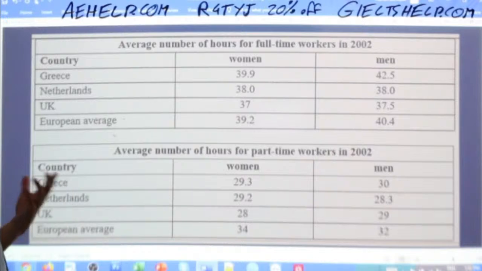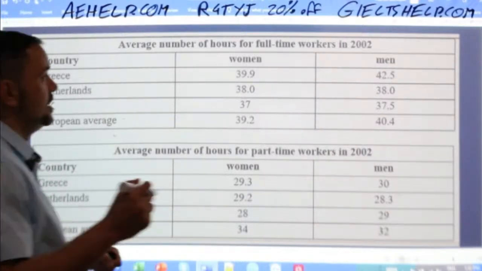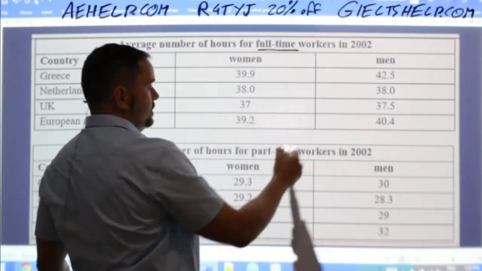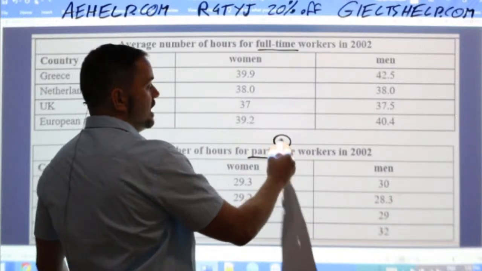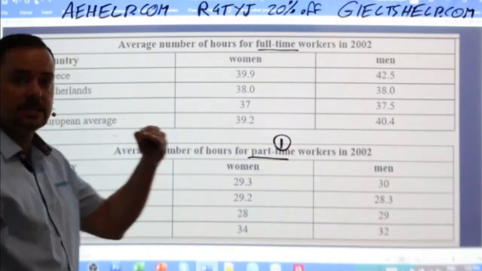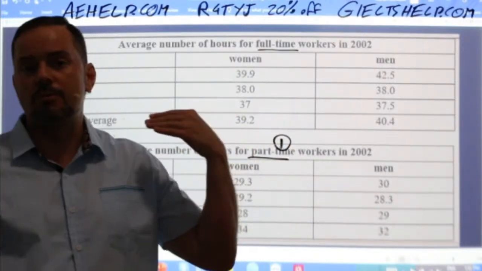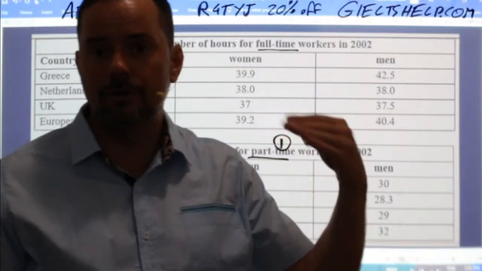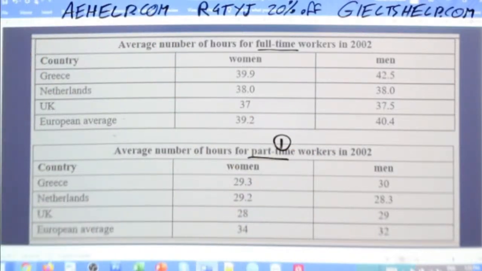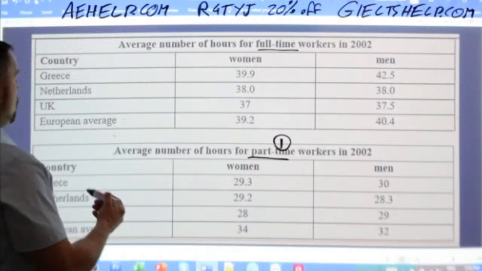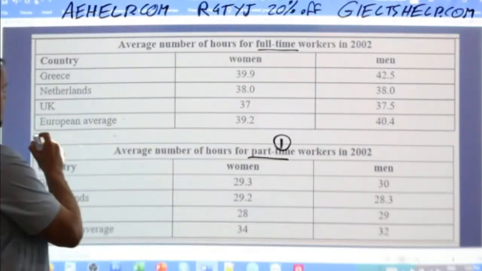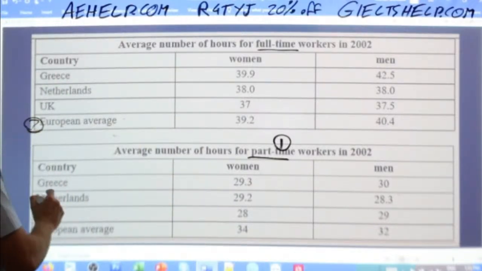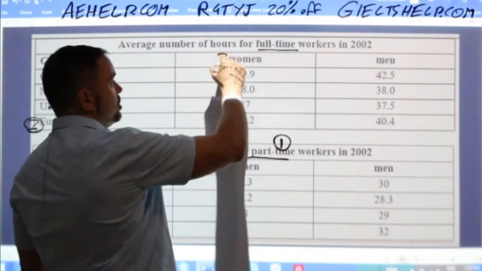Again, remember what I said, students, about the hierarchy. So full-time, part-time, that's your level 1. That's your highest level of importance, okay? That's your priority 1 level. Priority 2 level would be your countries, but countries here would be your averages, so that would be your priority 2, and priority 3 would be your genders.